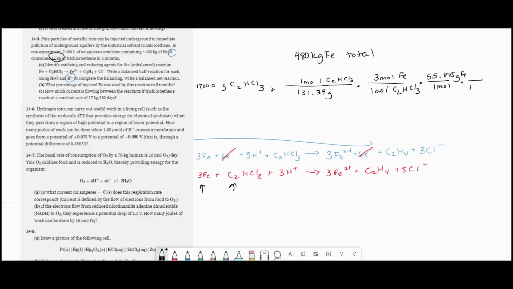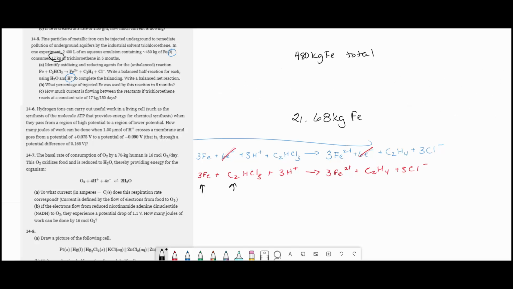And then I can convert that back to kilograms. There are 1,000 grams in 1 kilogram. And I'm writing it out for the benefit of those who still need it. And I get 21.676, so I would round that to 22 kilograms of iron were used.